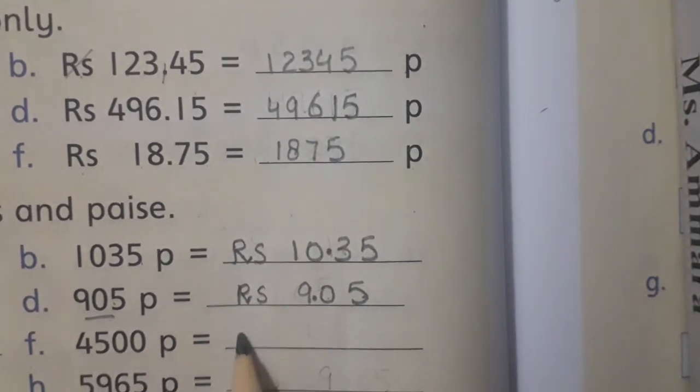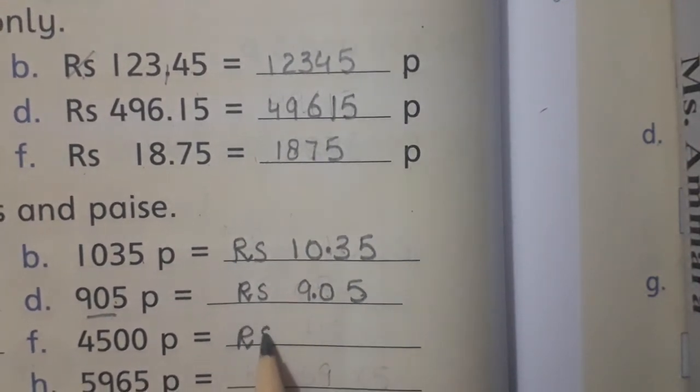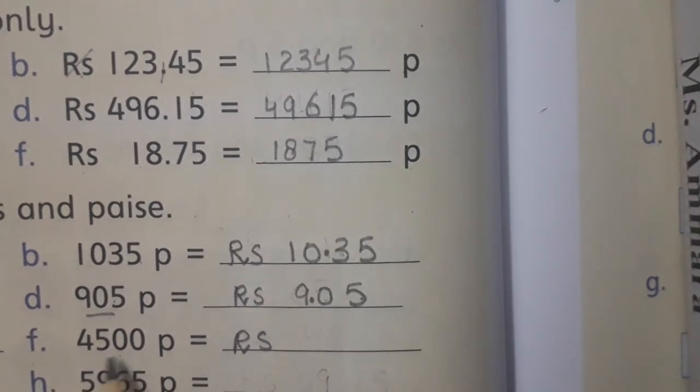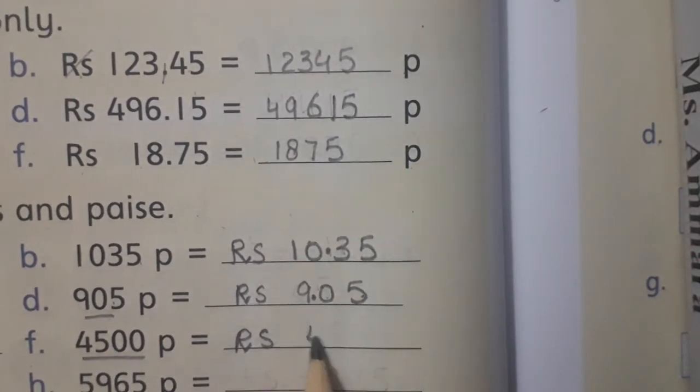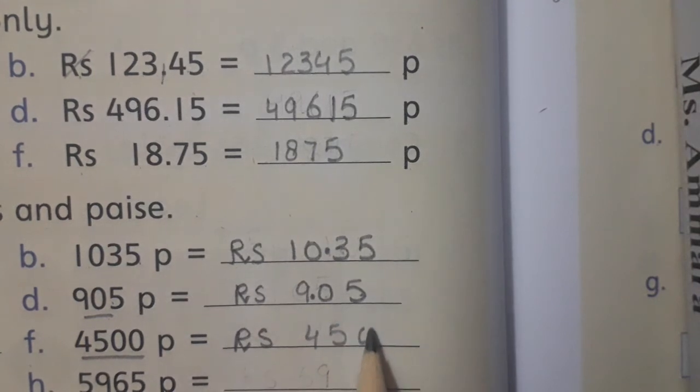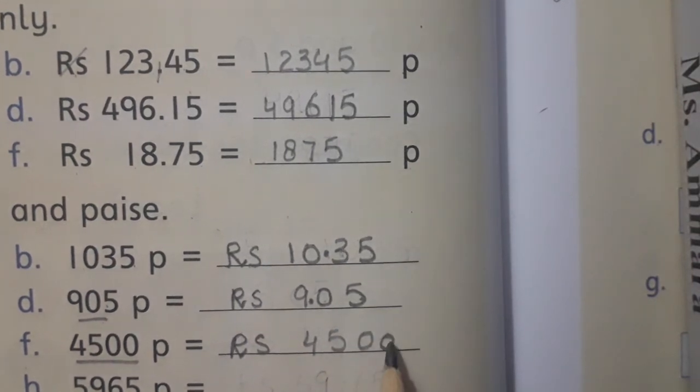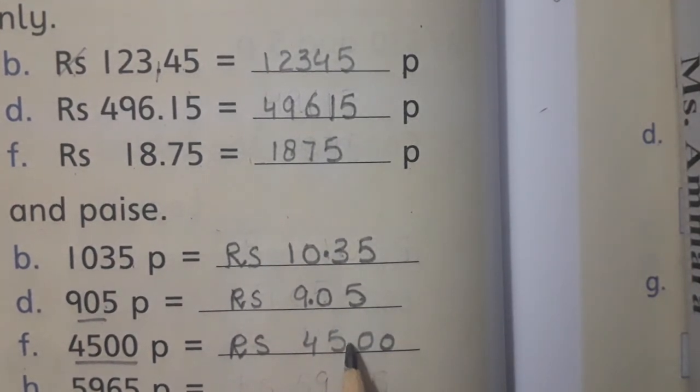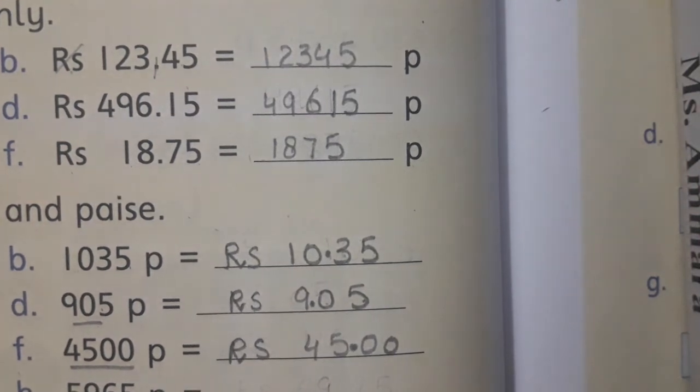In the same way, next number, first we will write rupees, then the number as it is, 4500, and then we will count from right side 1 2, and we will put a point.